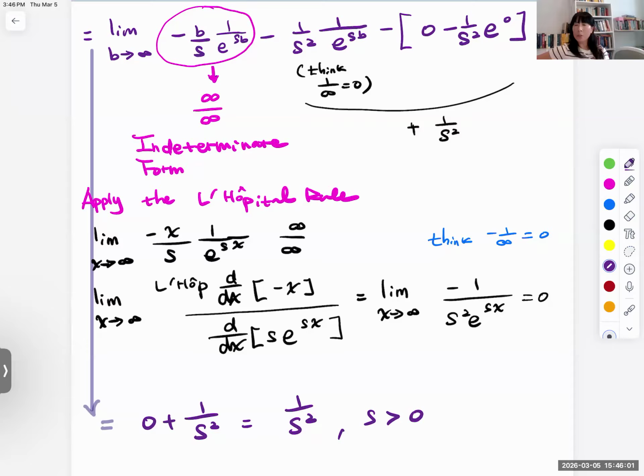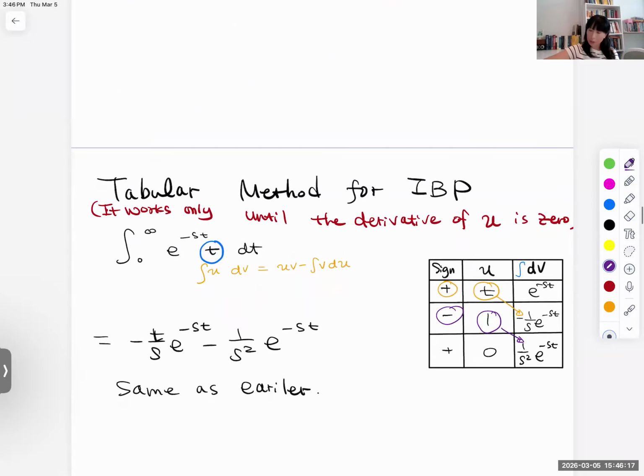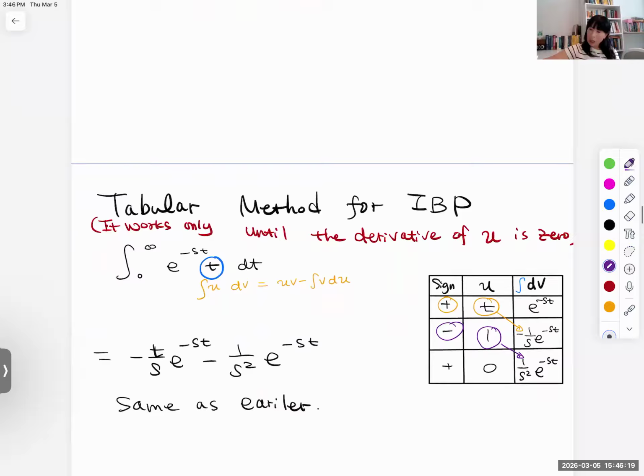Okay, integration by parts, we can use that way. But have we ever learned the tabular method? Okay, so I have the tabular method for integration by parts. In that case, we have to think about what u is. We can make u such that its derivative eventually becomes 0, if u is not repeating.